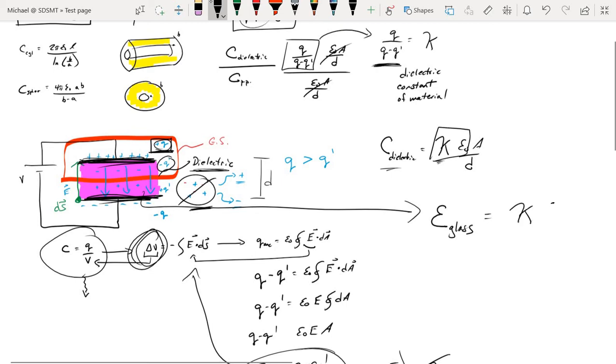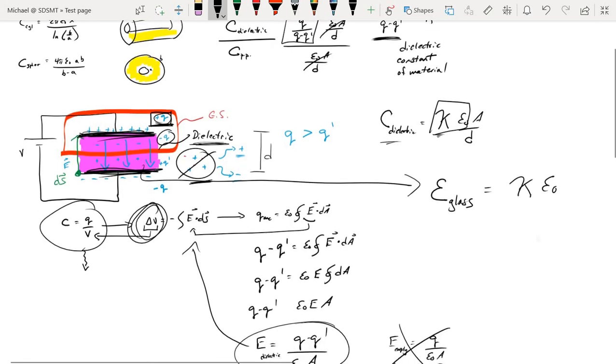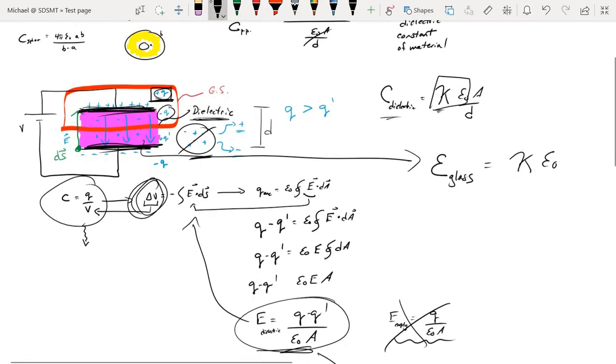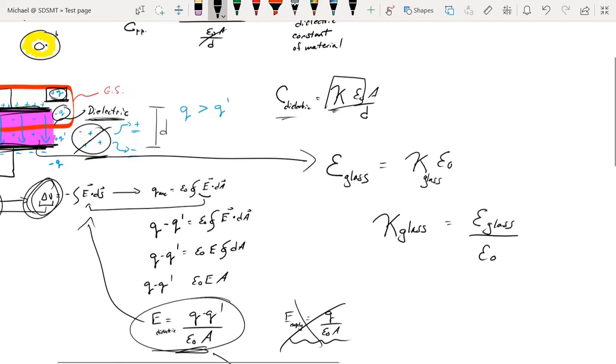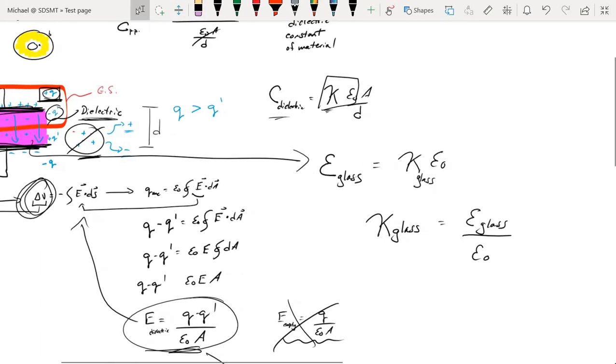Well, so how does this new permittivity value compare to epsilon naught? And we kind of just answered our own question. The permittivity of glass is going to equal the ratio of the two terms. Or actually, I kind of misspoke there, but the dielectric constant of the material is going to equal the ratio of the permittivity for that material versus the permittivity for air and vacuum.